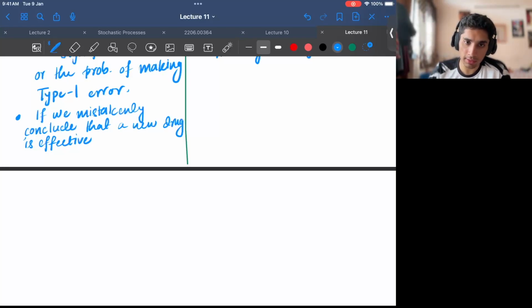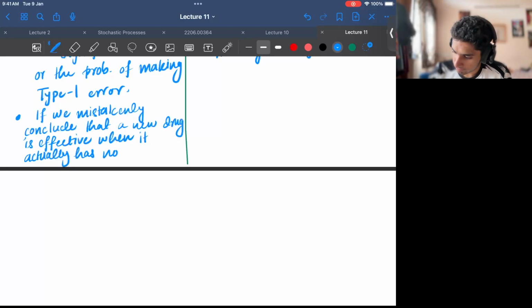This is like rejecting the null hypothesis. The null hypothesis is basically that the drug is not effective, but you're saying that it's effective. So you're rejecting the null hypothesis when it actually has no effect. So this is a type 1 error in a clinical trial.